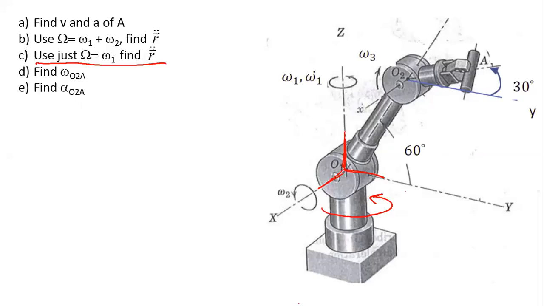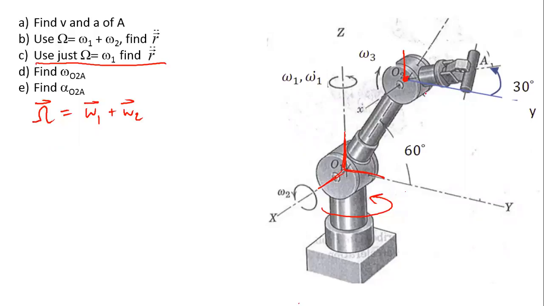Let's say you set it up in this area, and you're just going to say that your capital omega is equal to omega 1 plus omega 2. So let's start out with that one, and we can look at the rels. Then we'll get down to the C as well, Jason, as we work through.